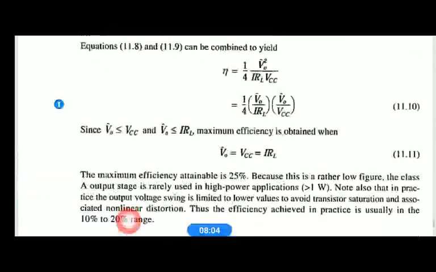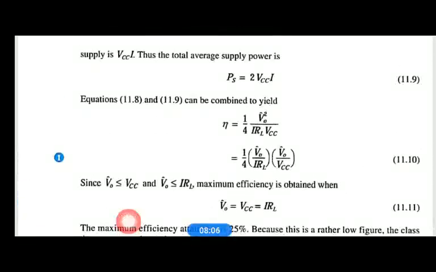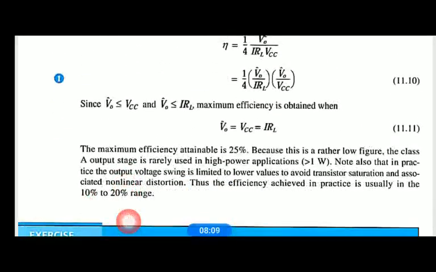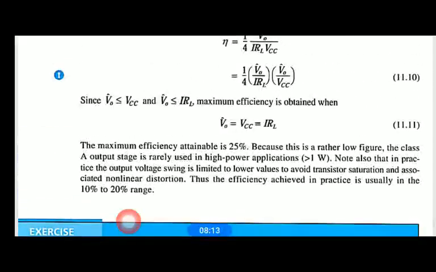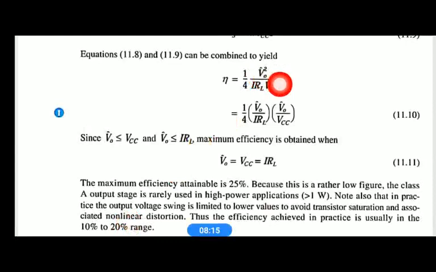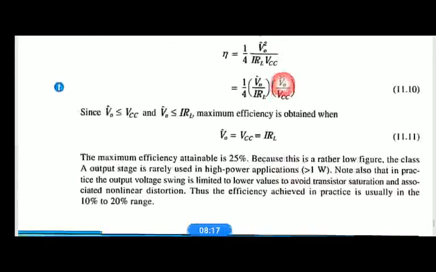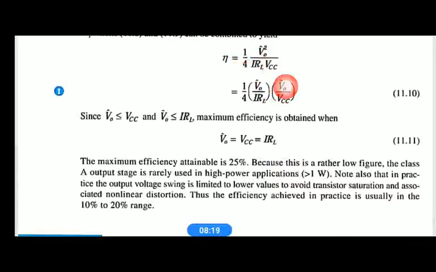Similarly for efficiency, substitute the value of V naught. V naught squared is 64, divided by 4 gives 16.